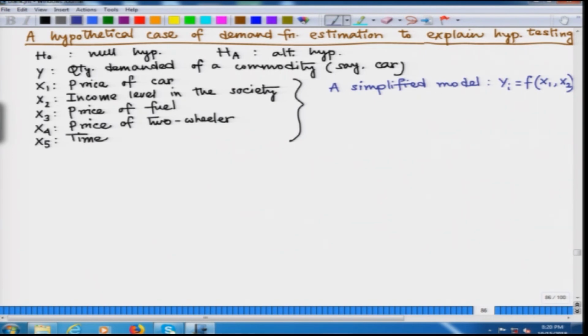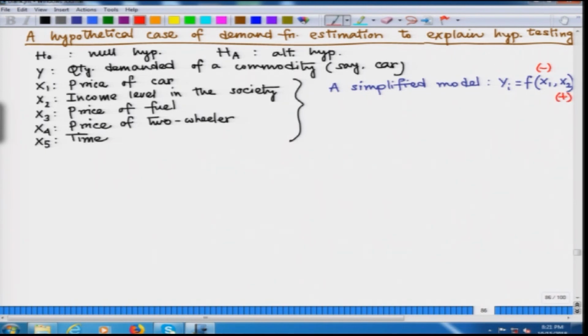Now, note that as x1 is price of car, my microeconomic theory says that there is law of demand which actually dictates the relationship between x1 and y, and that is negative, right. And we also know from the theory of consumer behavior that the relationship between y and x2 is expected to be positive, right.